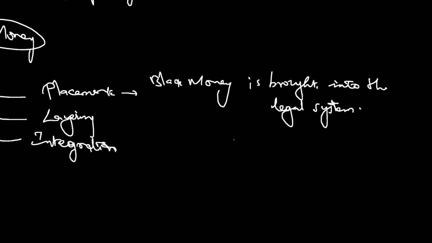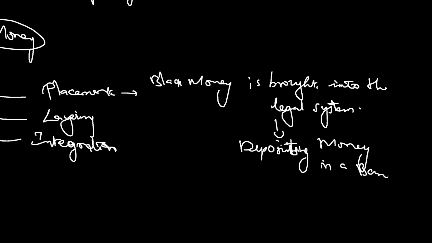Say for example, you are depositing money in your bank. When you deposit money in your bank, what is happening? Black money is getting mixed with white money, and that's the first step where black money is introduced into the legal system.